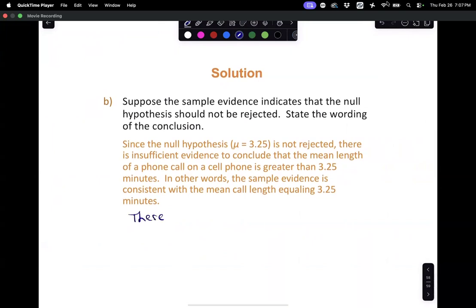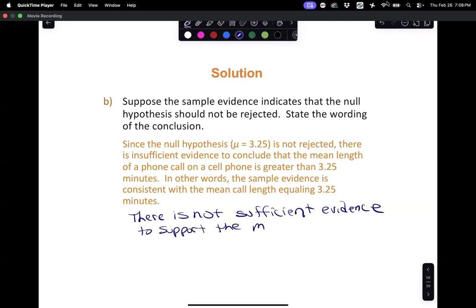There is not sufficient evidence to support the mean length of a call is greater than 3.25 minutes.